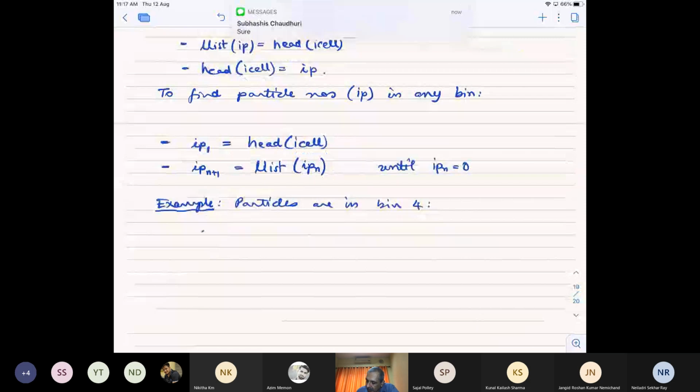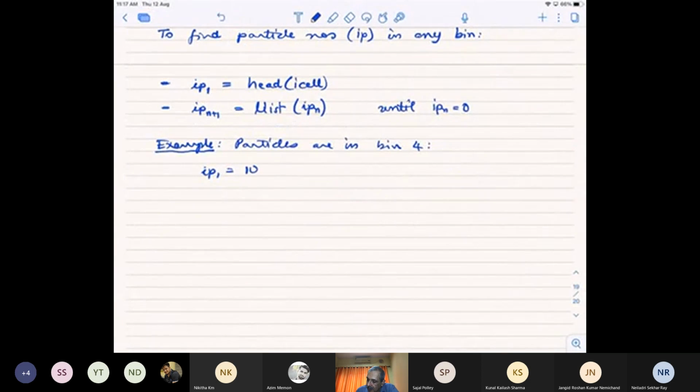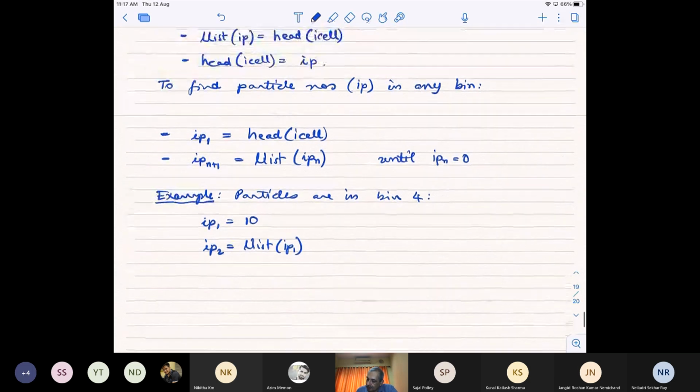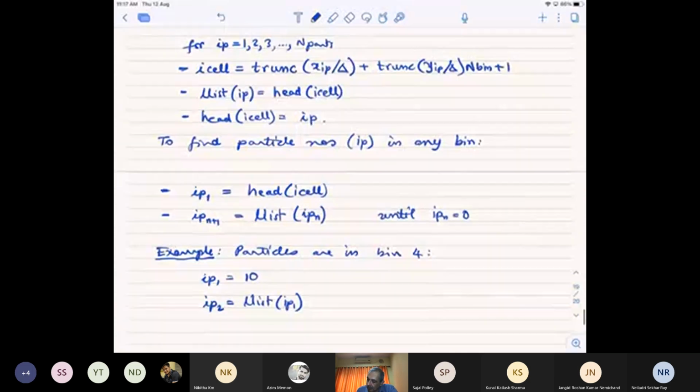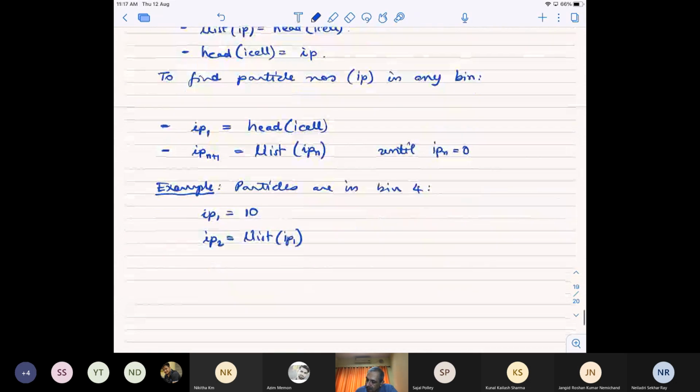So your IP1 is just head of I4, which is 10. Correct? Now what I can do is I can find out what is IP2, which is L list of IP1. IP1 is 10, so L list of 10 is 7.